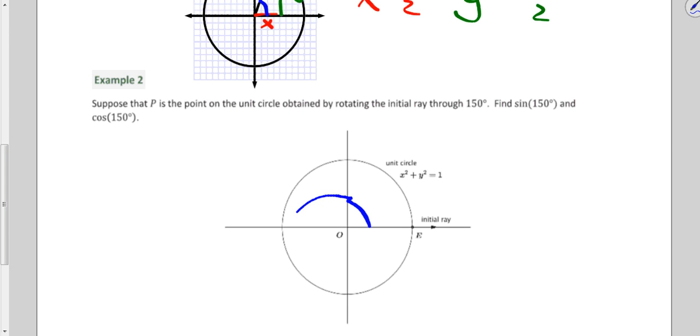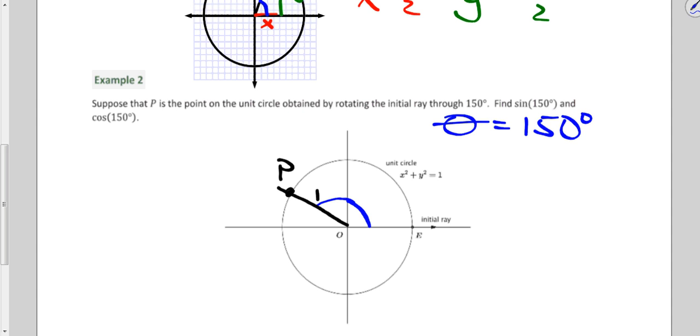If I rotated it this far, how far would it be? 180. All right, so 150 is going to be before this point or after this point? Before. So it's going to be about here. I'm going to put my ray right there. That's point P. And this distance right here is 1. And my angle theta equals 150.